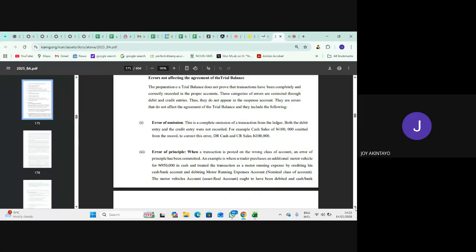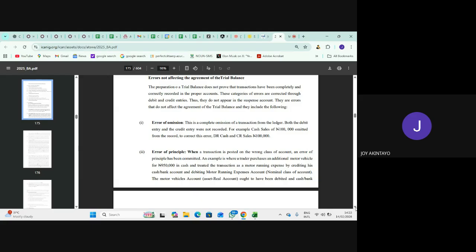Like building accounts, land accounts, motor vehicle accounts, equipment accounts, and so on, furniture and fittings, because they have physical existence. Then nominal accounts are the accounts of expenses, income, gains or losses of a business.